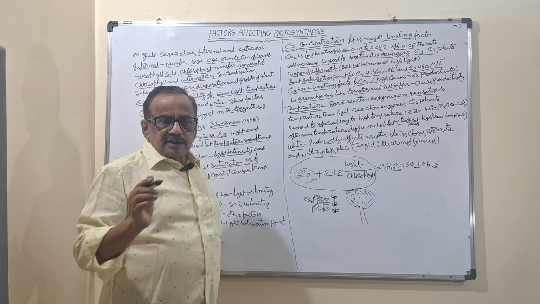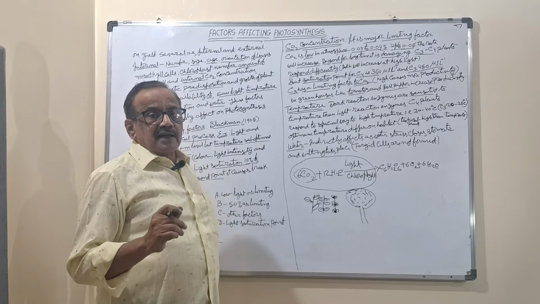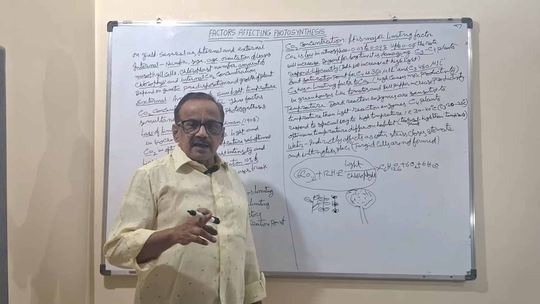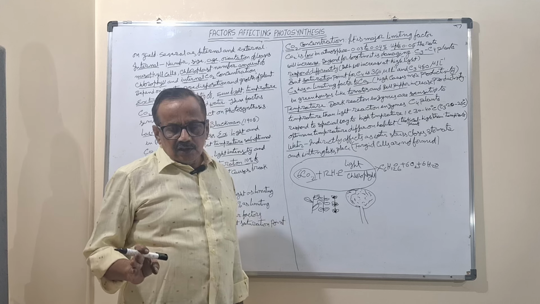When the stomata is closed, carbon dioxide cannot enter freely from the atmosphere into the mesophyll cells. So the carbon dioxide concentration will decrease, the supply of carbon dioxide in the C3 plants will decrease, and the photosynthetic rate will decrease. But C4 plants have a separate design, so they will survive.